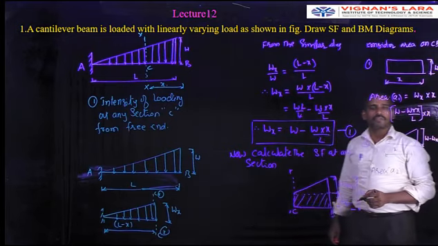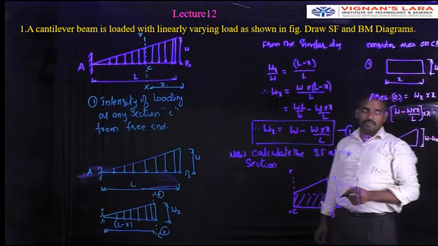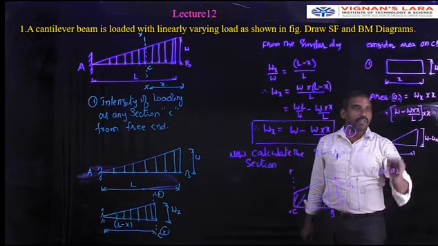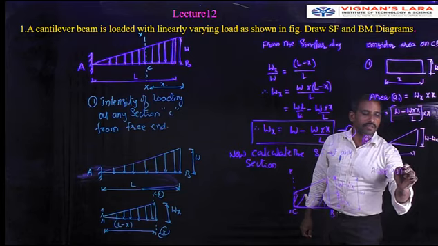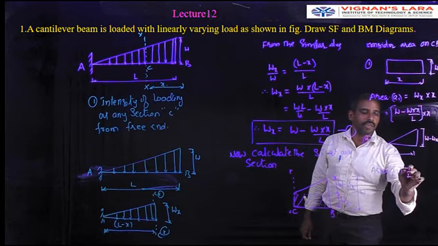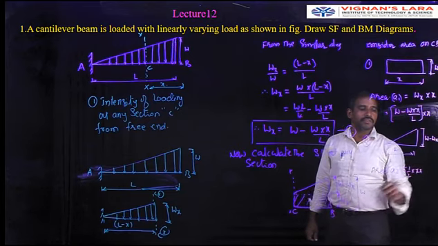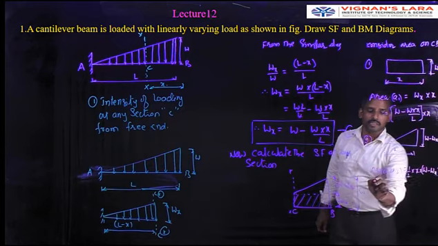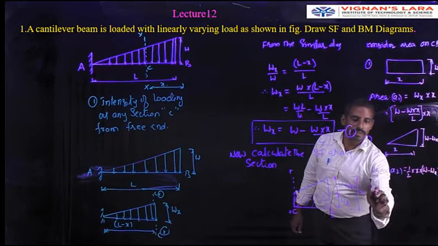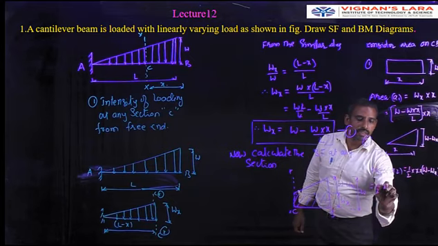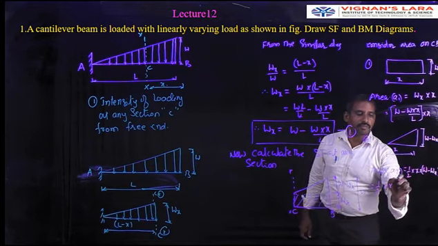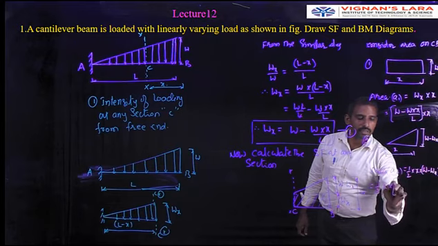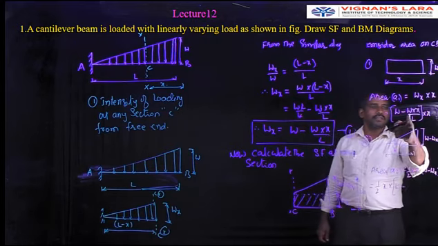The load under the area of the triangle is equal to half into the base, small x, into the height, W minus Wx. That is equal to half into small x into (capital W minus Wx).